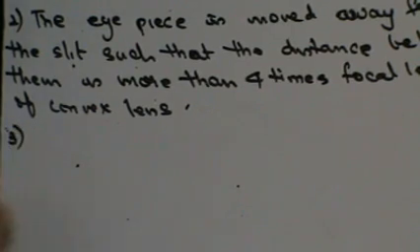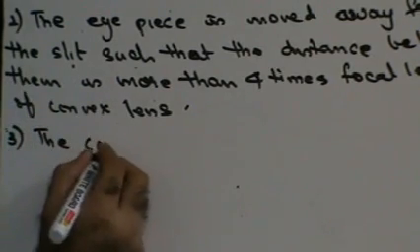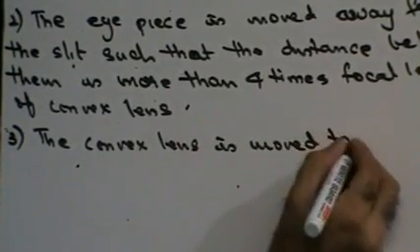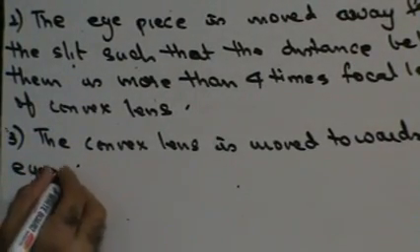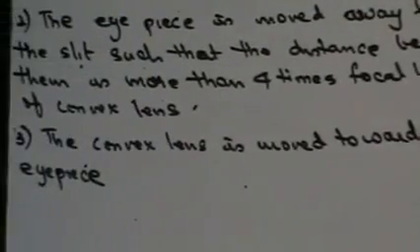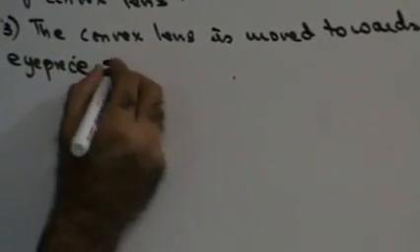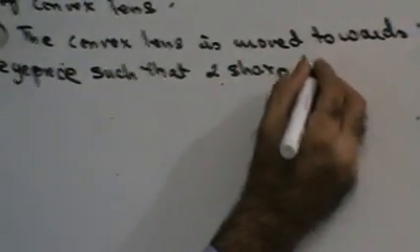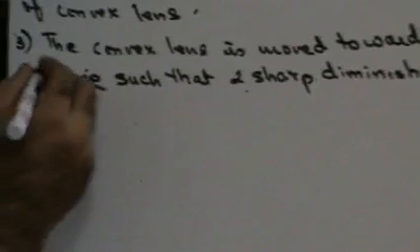Now, the convex lens is moved towards the eyepiece, right? It is moved towards the eyepiece such that you get two sharp diminished images of the slit.